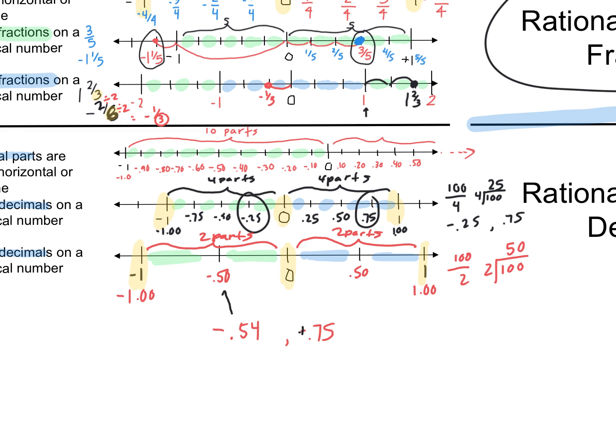If we go up here, we know that's -0.50, and then we go just a little bit further for -0.54. And on this side, 0.75, well, that's pretty easy. It's getting towards $1, so probably about right here in the middle. So that's 0.75 and -0.54. So that one we're just estimating.